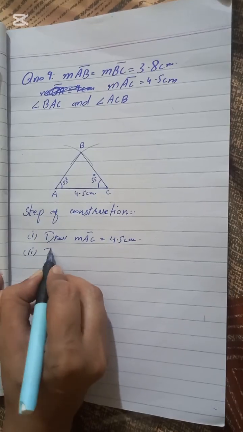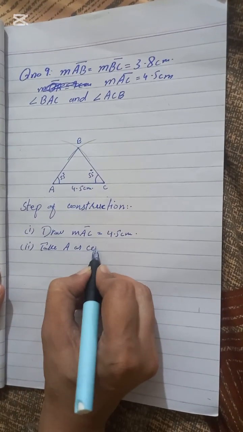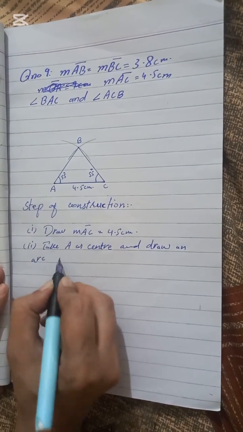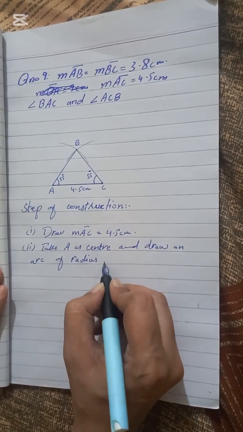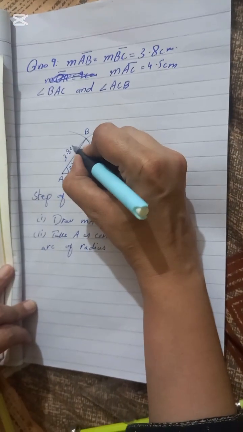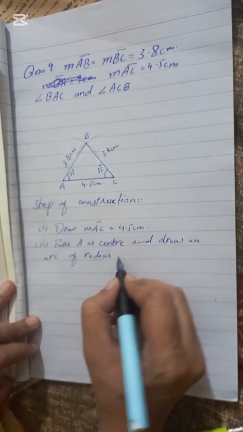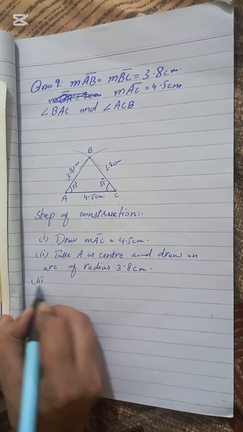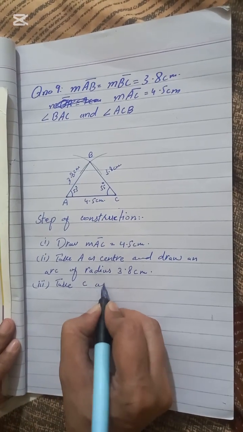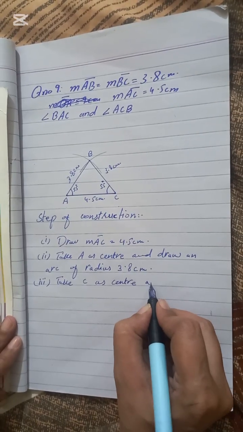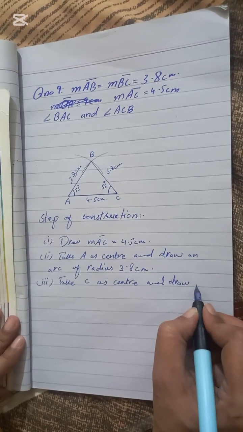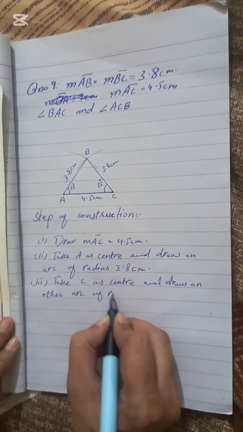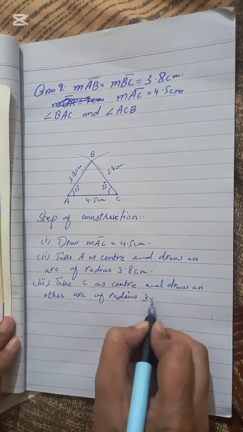Number 2, take A as center and draw an arc of radius 3.8 centimeters. Number 3, take C as center and draw another arc of radius 3.8 centimeters.